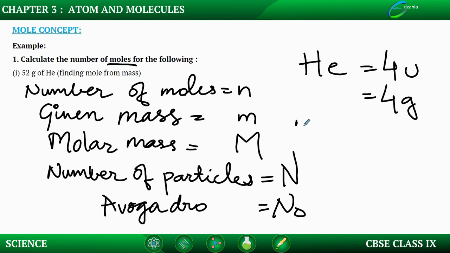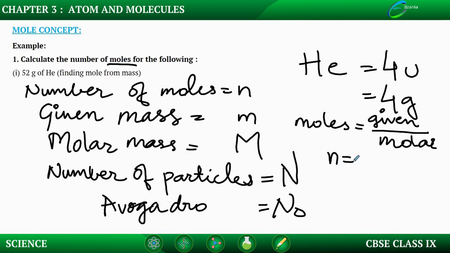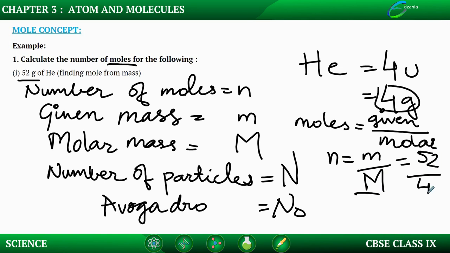To find the number of moles, the formula is given mass upon molar mass. In short, we can write small n is equal to small m upon capital M. The given mass is 52 grams and the molar mass is 4 grams. So the final answer is 13. So there are 13 moles in 52 grams of helium.